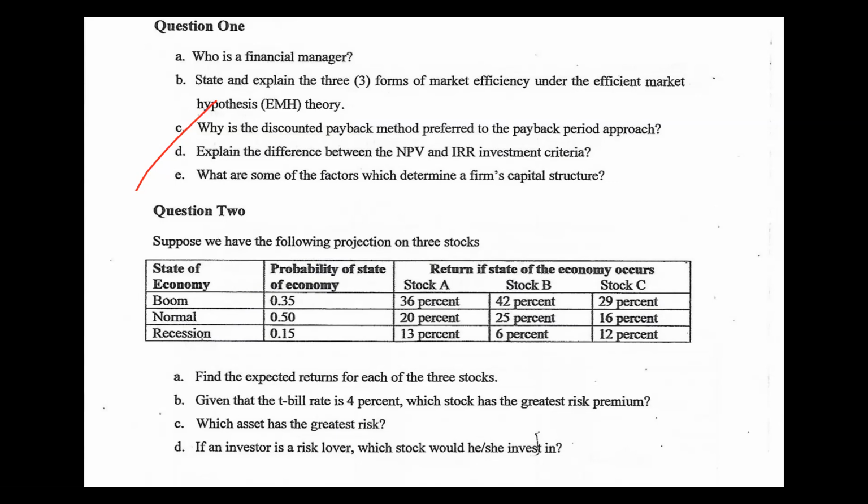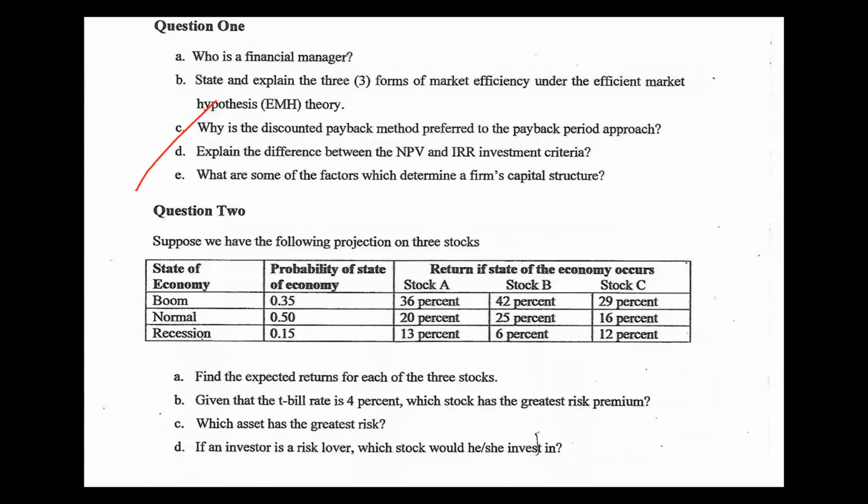I said there is also what we call the payback period, where you are checking how much time it takes for the investment to give back the initial investment. So under the payback period, you just check how much time it takes.